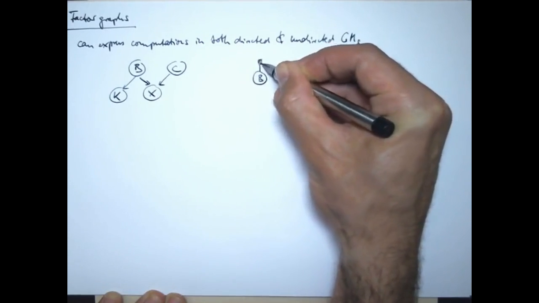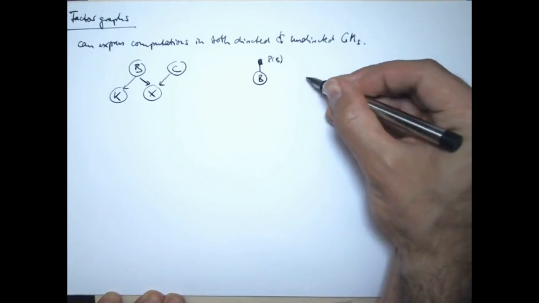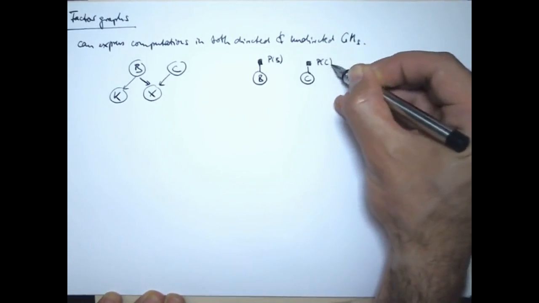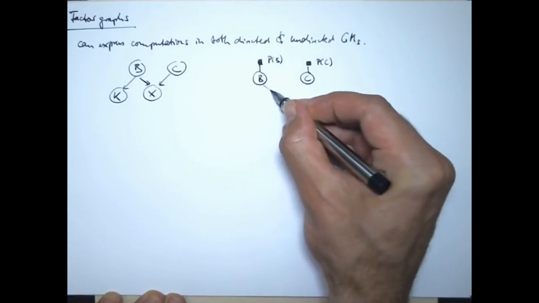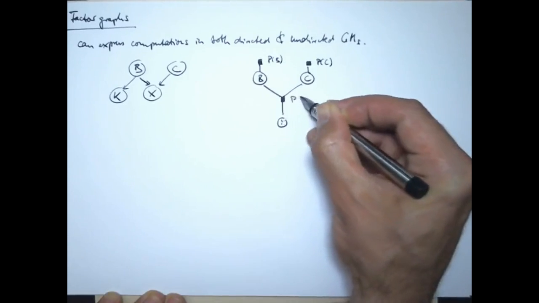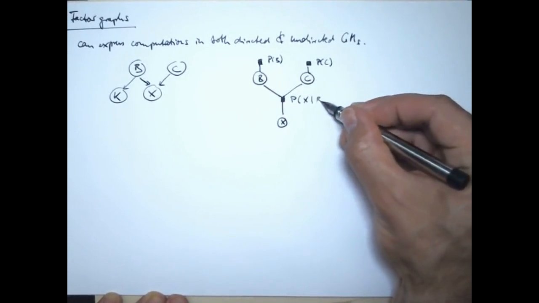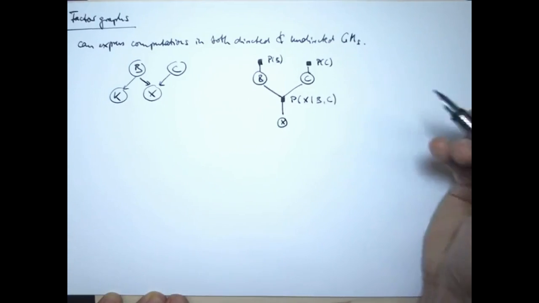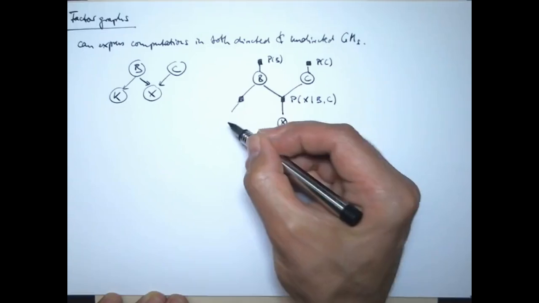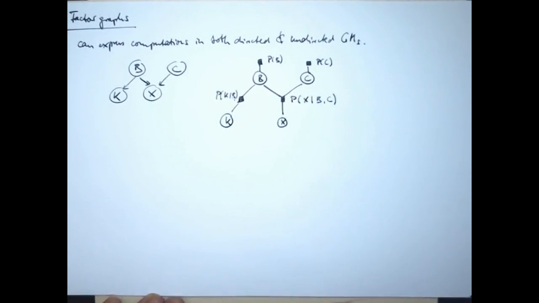So B is specified by a prior probability, so this factor here would be P of B. Then we would have a unary factor that specifies the prior probability of C. Then we would have a ternary factor giving the conditional probability of X given B and C. And finally a binary factor saying how the probability of K depends on B.